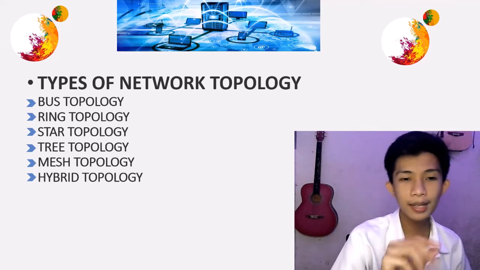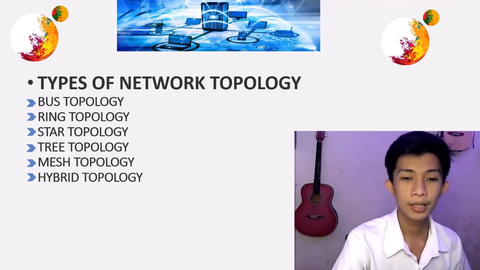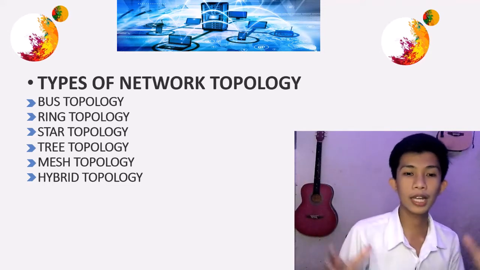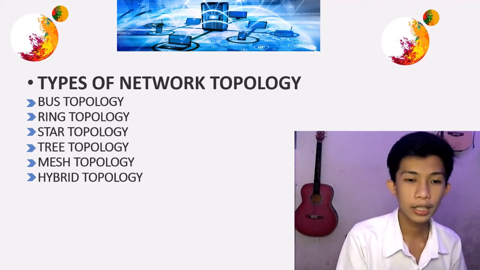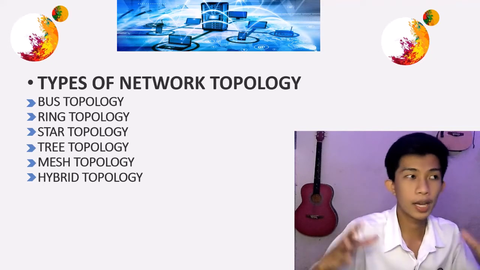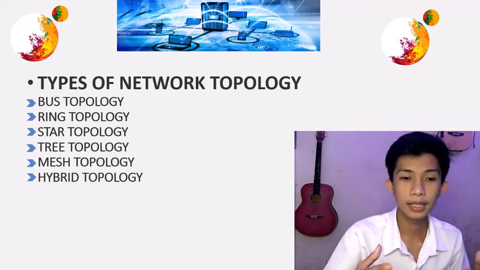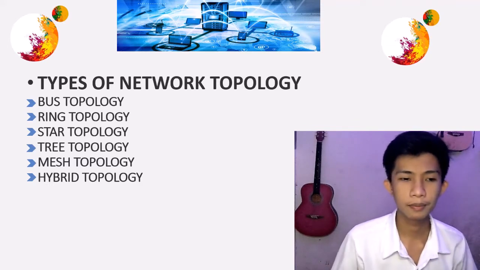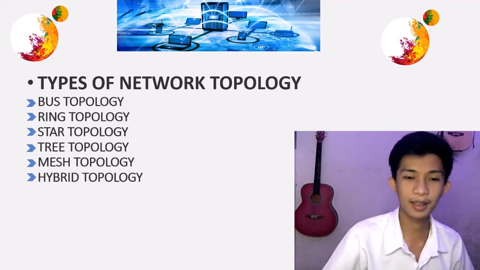And the next is tree topology. Sa tree topology naman is ito yung isang pangkalahatang tuntunin na ang isang topology ng puno is kailangan magkaroon ng tatlong antas sa hierarchy. Tama ba? Tama yung pagkakano ko? Hierarchy, if I'm not mistaken.